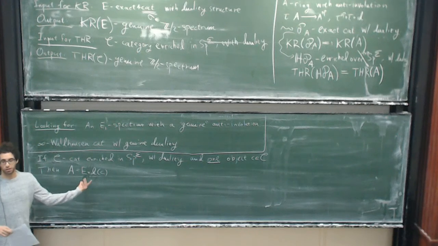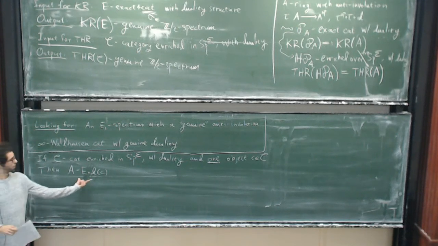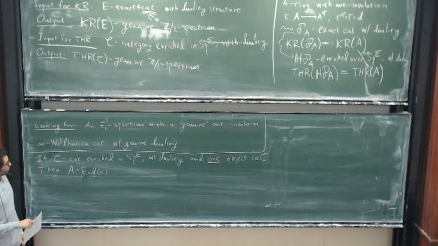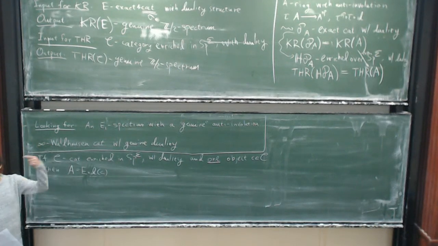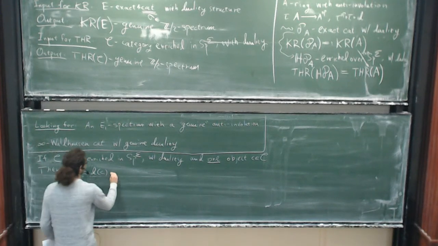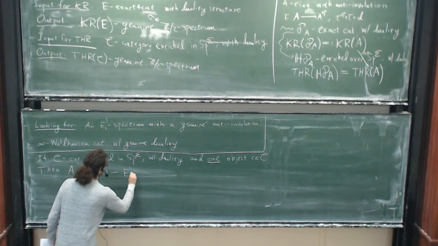What sort of structure exists on A? First of all, it's a symmetric spectrum. Second of all, there is a composition, which gives it an E1 structure. So this is an E1.